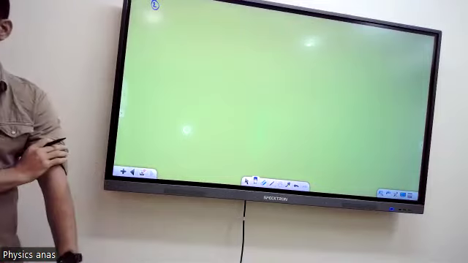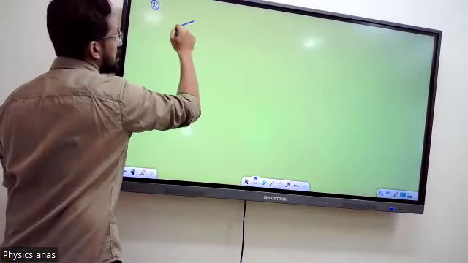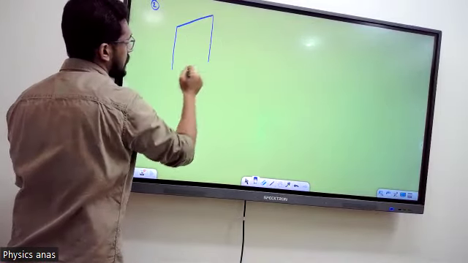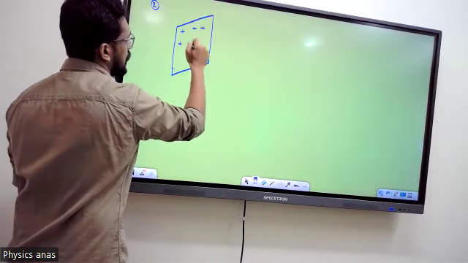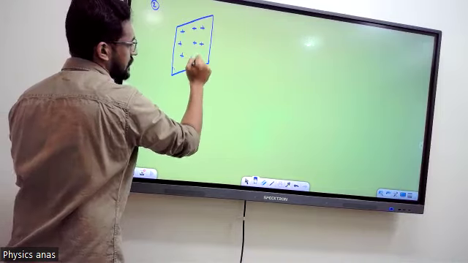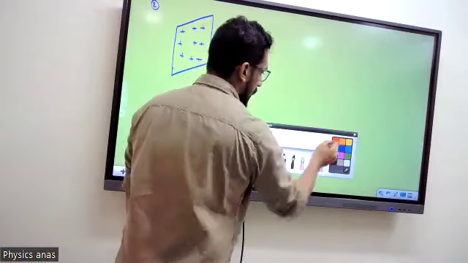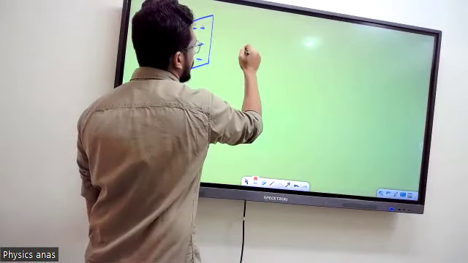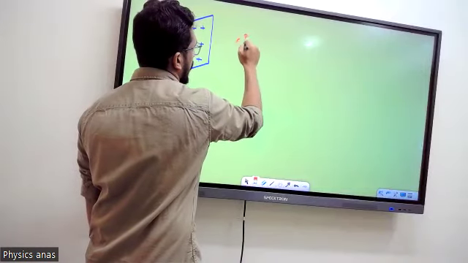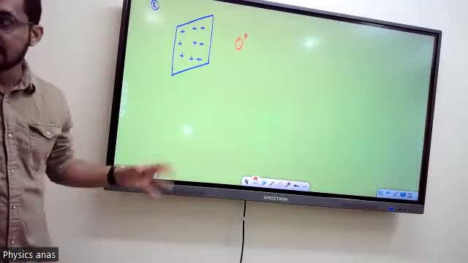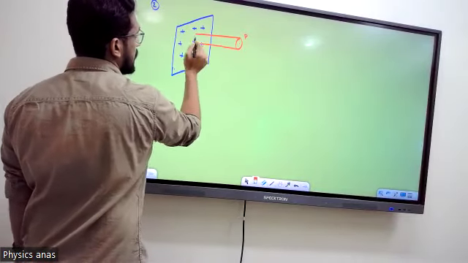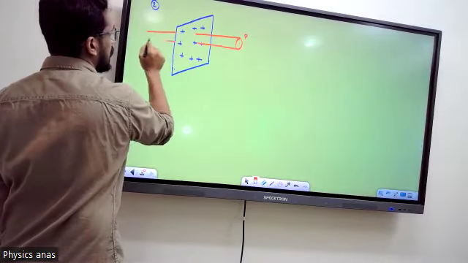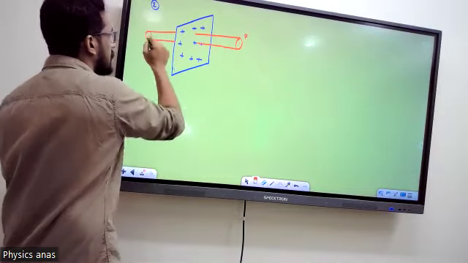A sheet. If you are taking a sheet, the sheet will be like this, and this sheet is uniformly charged. I am selecting a point P here, and imagine a Gaussian surface including that P. This is that Gaussian surface in the form of a cylinder.